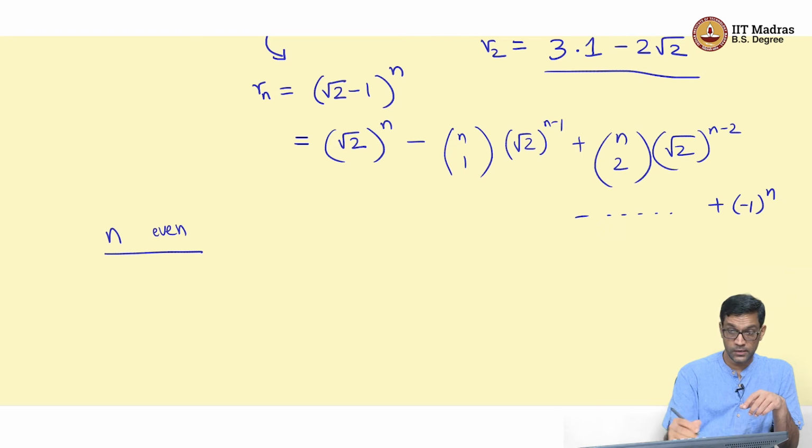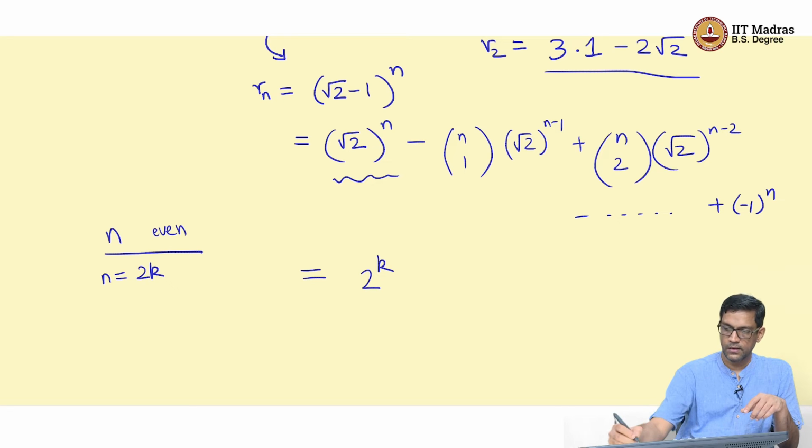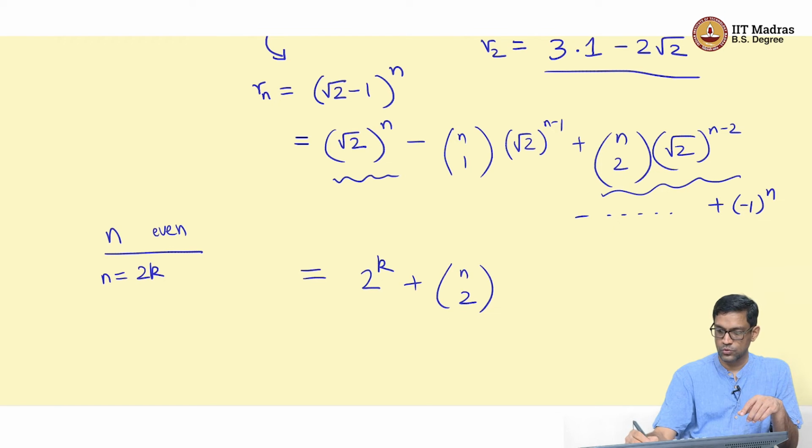If n is even, let us write n as 2k, then this expression here, root 2 power n is just 2 power k, plus n choose 2 root 2 power n minus 2 is just 2 power k minus 1, n choose 4 2 power k minus 2 and so on.